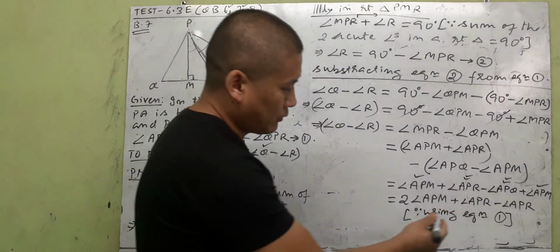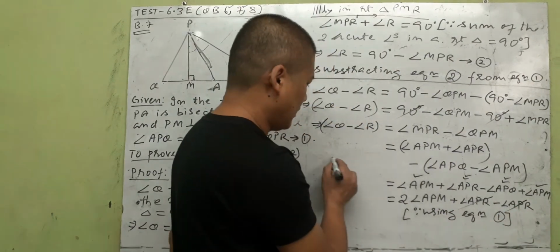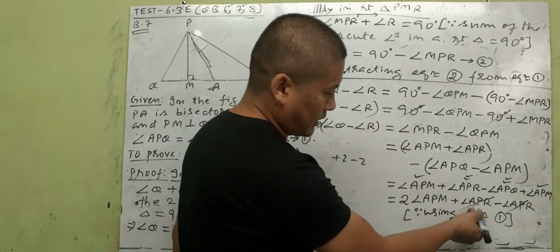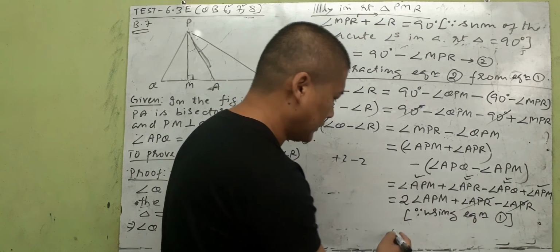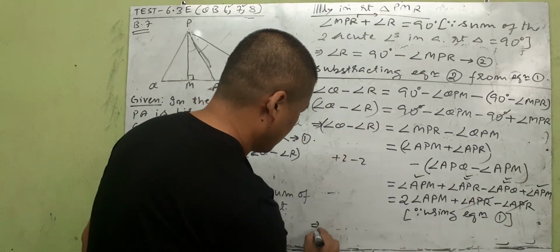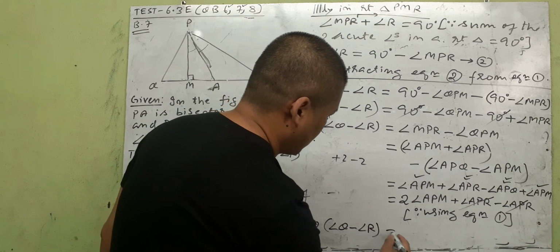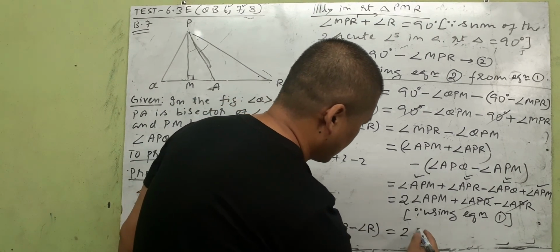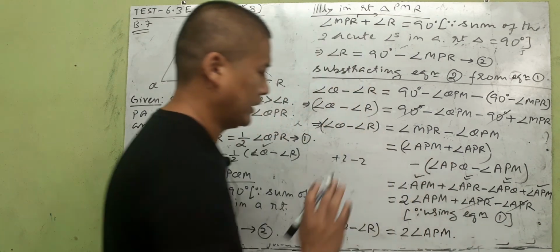That way, plus angle APR minus angle APR is 0, like plus 2 minus 2 is 0. So we're going to get here, let us write this side once, angle Q minus angle R equal to twice angle APM. This is what we finally get.